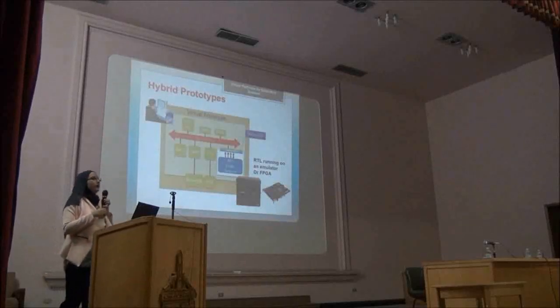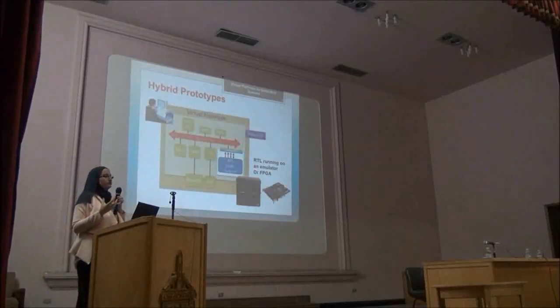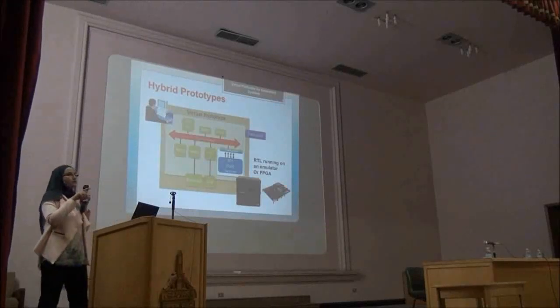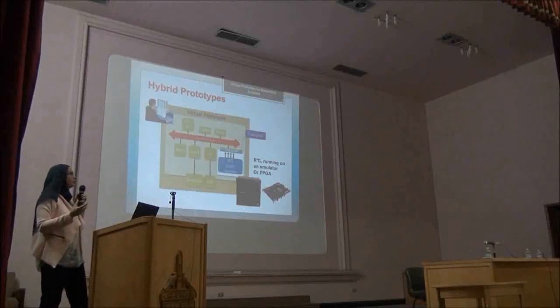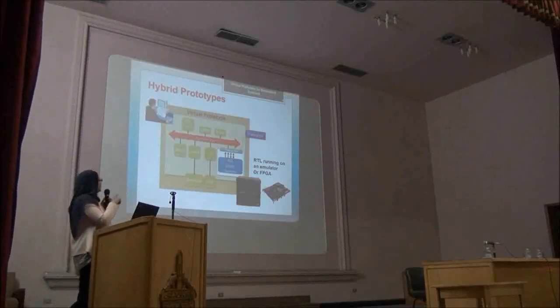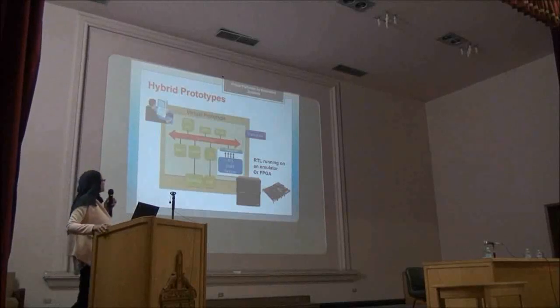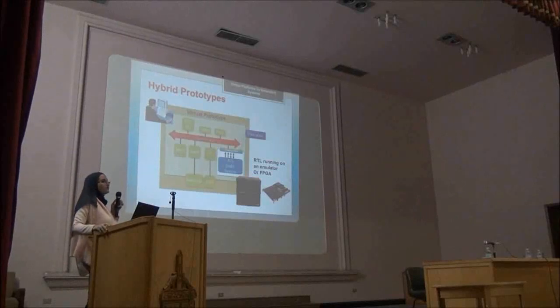Moreover, you can make a hybrid prototype between the virtual prototype and a prototype on hardware, on an FPGA or an emulator. So you can have your RTL model running on an FPGA or an emulator, integrated in the whole system containing the processor instruction set simulator, DMA, UART, and other devices.